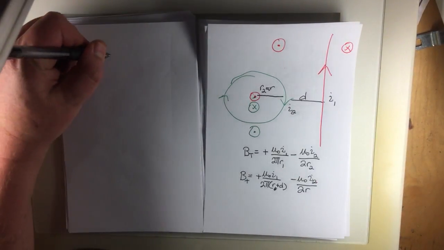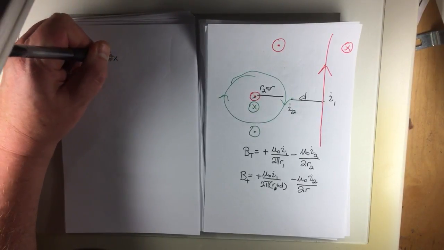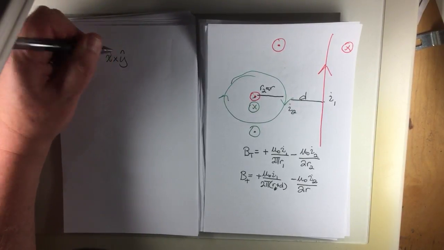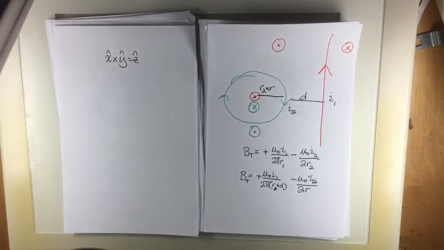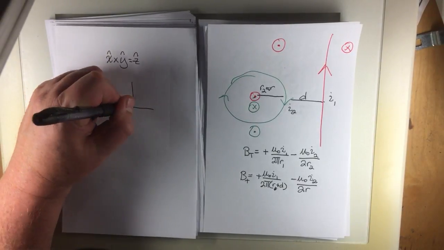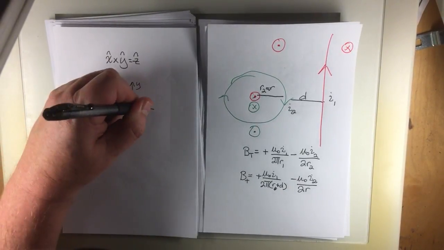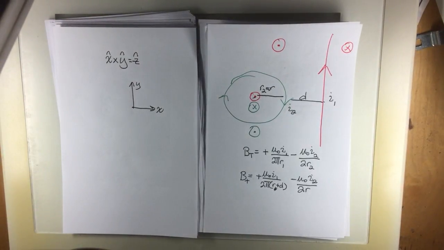30-second rant. We live in a cursed right-handed world. They demand that the identity is true: X hat cross Y hat is equal to Z hat. We're familiar with the typical 2D coordinate system.